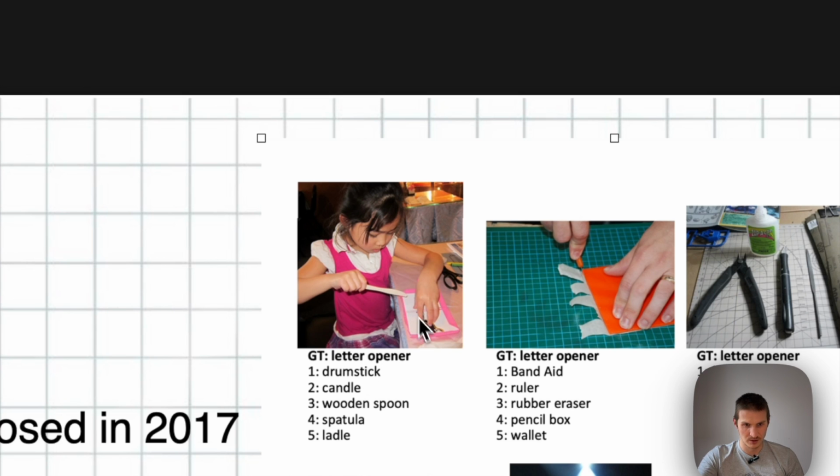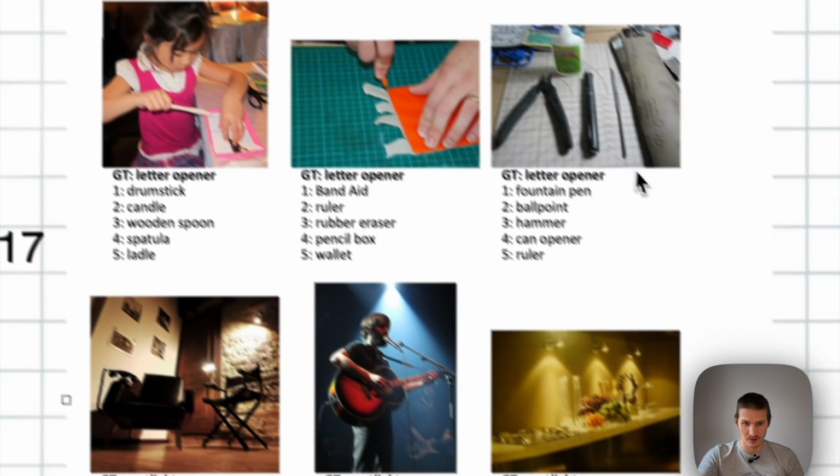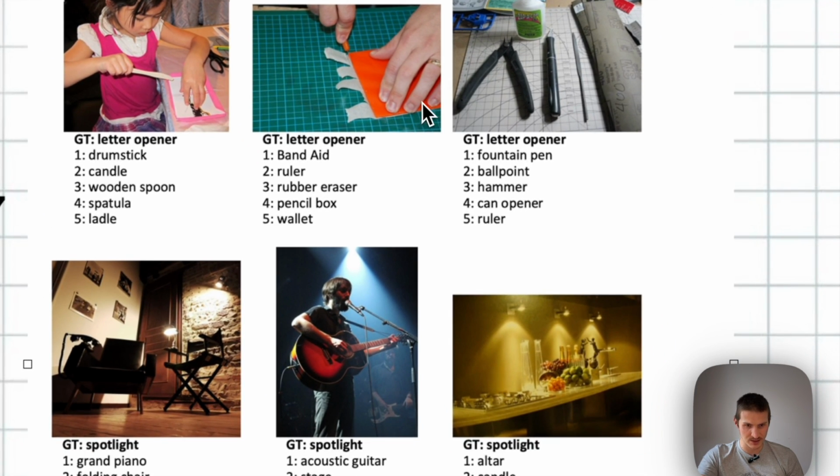Here we want the model to identify the letter opener. And here I think it's pretty unclear what the girl is actually holding. It does look a bit like a wooden spoon, like a drumstick as well. So I wouldn't say the model did too badly in these cases.